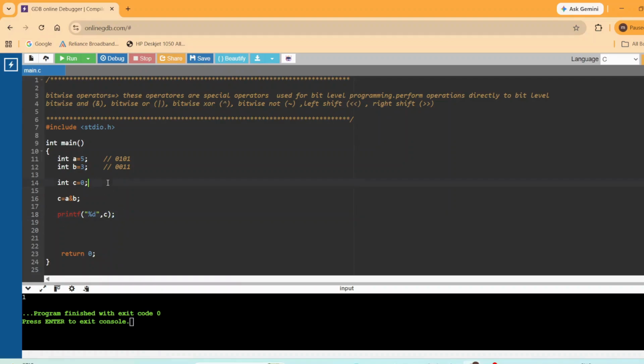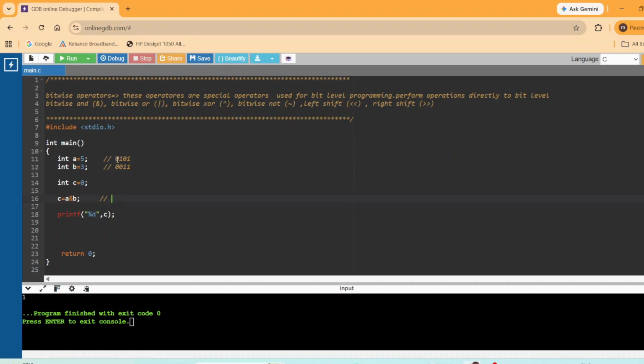So here what will happen in c is equal to a and b means if both bits are 1, then we will get 1. Otherwise, it will be 0.